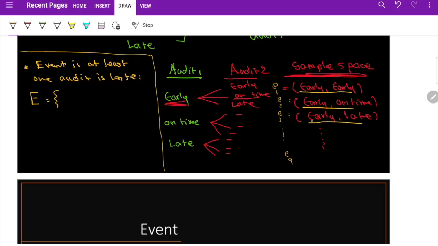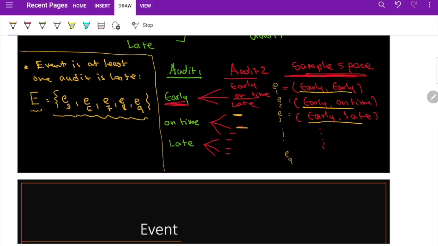No. E3, any one of them late? Yes. So E3 is one of them. E4, no. E5, no. E6, yes. E7, yes. E8, yes. E9, yes. So this is the event, and these are the elements of the event. These are the outcomes that belong to this event. So we care about this event now.